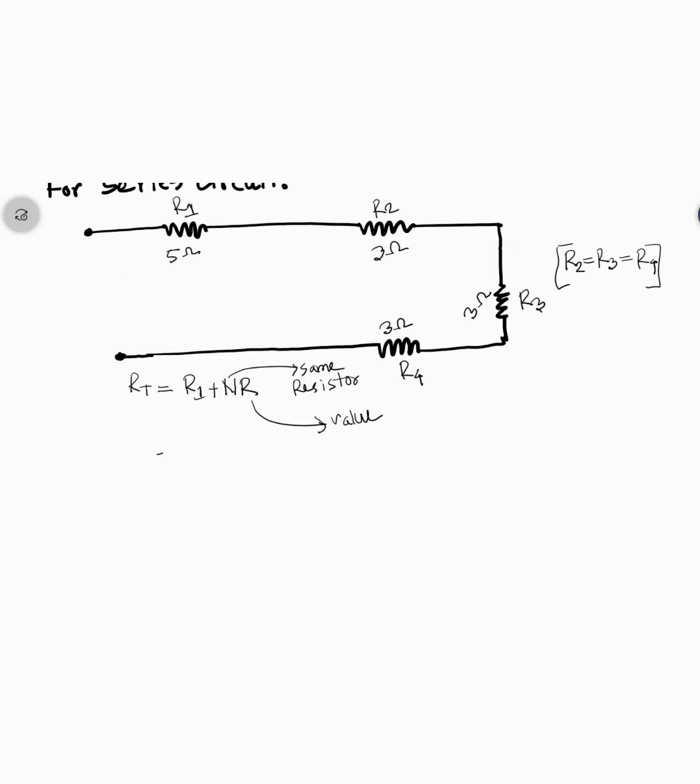Now we can write 5 ohm plus 3 times 3. So 14 ohm is the total resistance of this circuit.